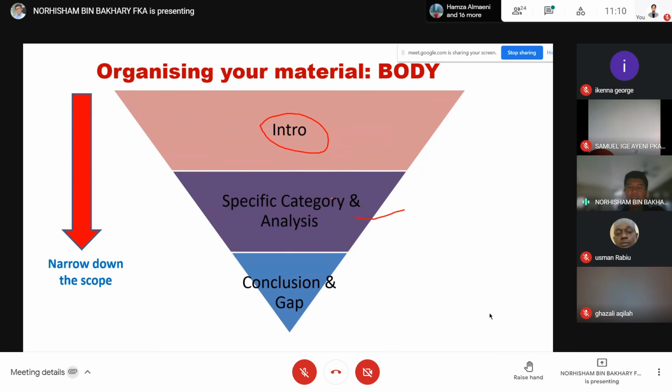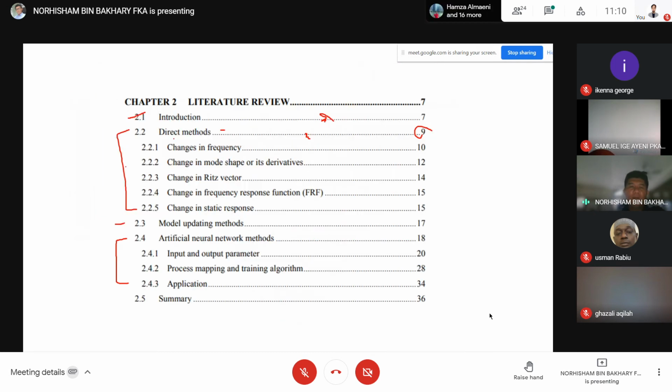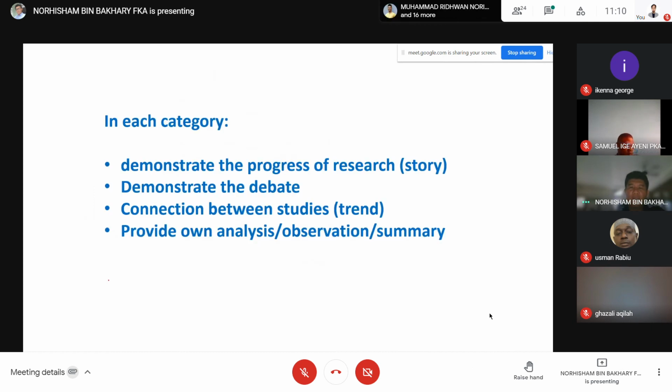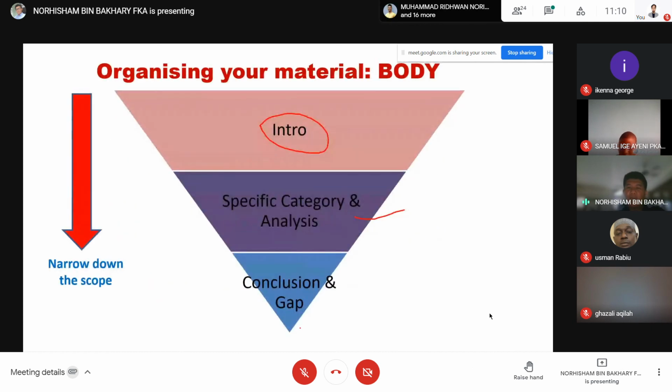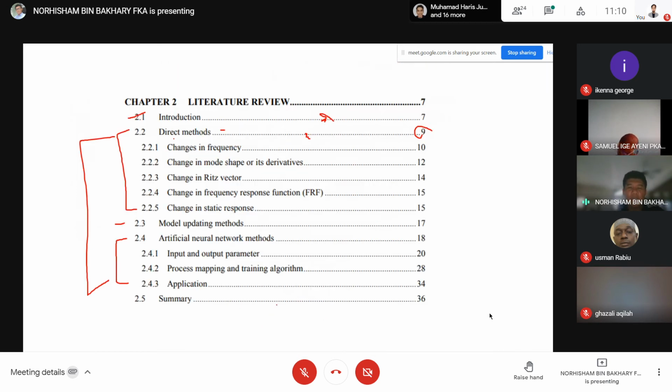This category 2 includes 2.2, 2.3, 2.4. These are all the methods that people have done before. And then finally, once I finish that, I am able to provide my conclusion and research gap in the summary. So this is basically how to organize your literature review.